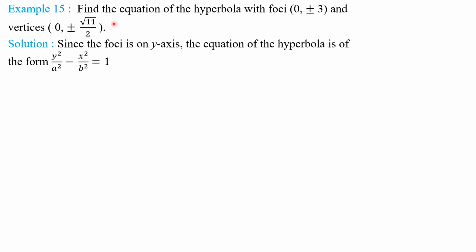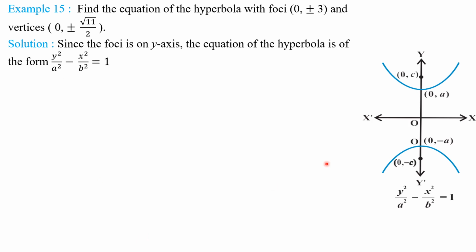By observing the coordinates of the foci and vertices, we found that the transverse axis of the hyperbola is along the y-axis and the equation is y square by a square minus x square by b square is equal to 1. This is the required equation of the hyperbola in which we have to find the values of a and b.